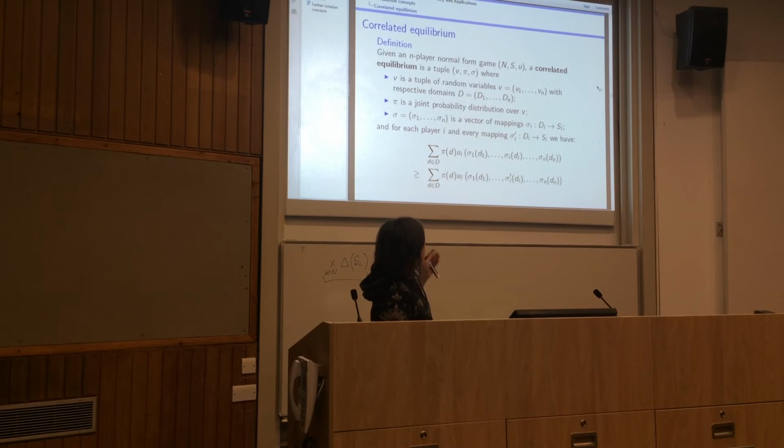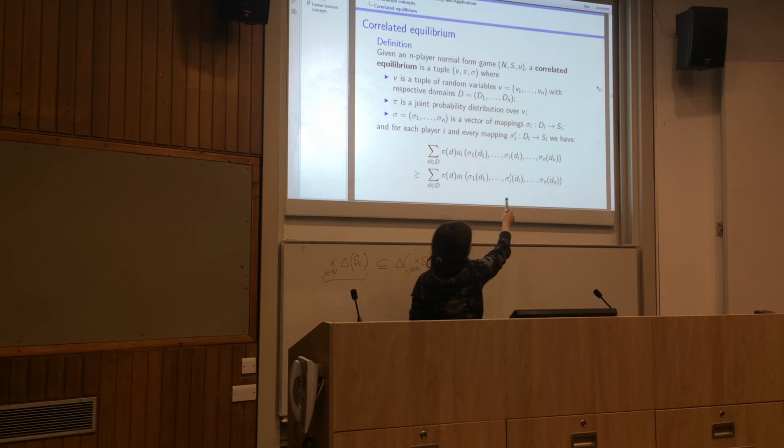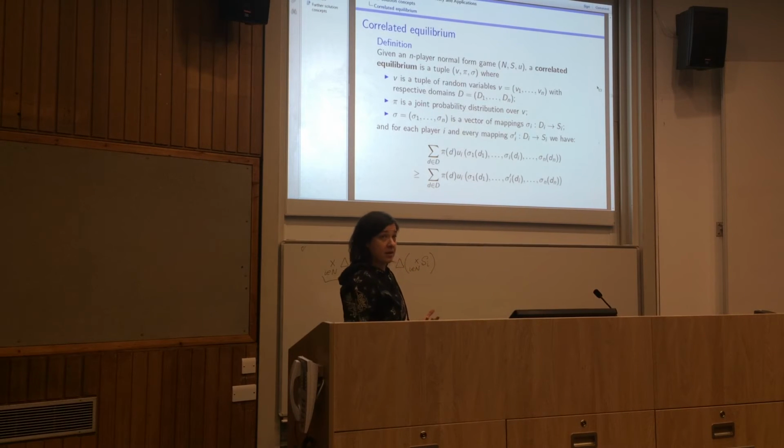A given combination, so what are the strategies for the players here? What is the correlated strategy for the player? That's actually the very same mapping. How do I map the signal that I get to an action that I take?